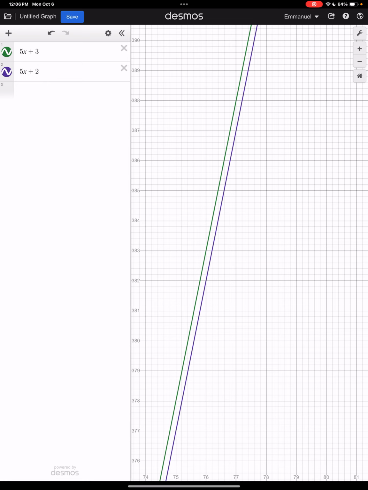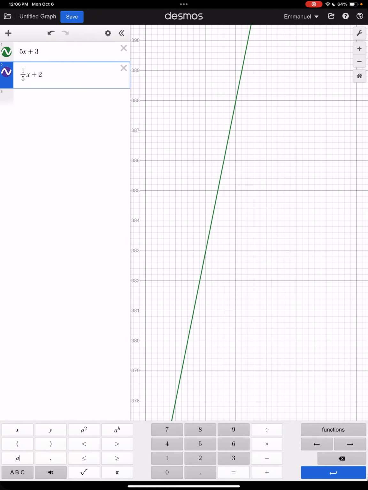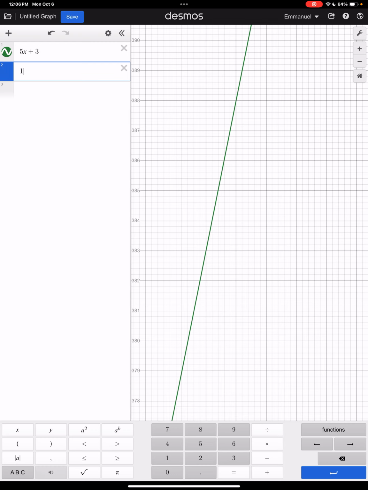So all I need to do is say 1 over 5. Actually, the y-intercept is irrelevant, but I just want to show you. Okay, I should just type from the beginning: minus 1 over 5. That's our slope, plus 2.